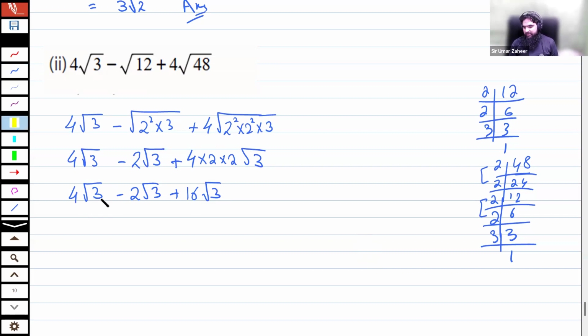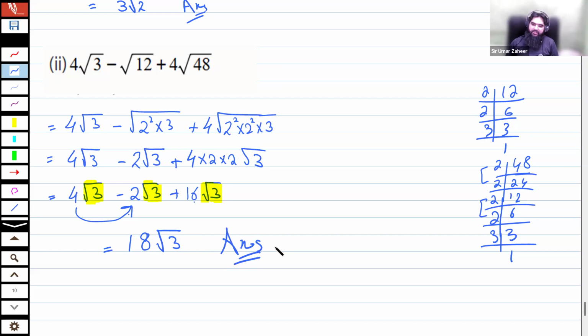Now look here, there are the same kinds: square root 3, square root 3, square root 3. So 4 minus 2 will be 2, and 2 plus 16 will be 18 square root of 3. So that's going to be my final answer.